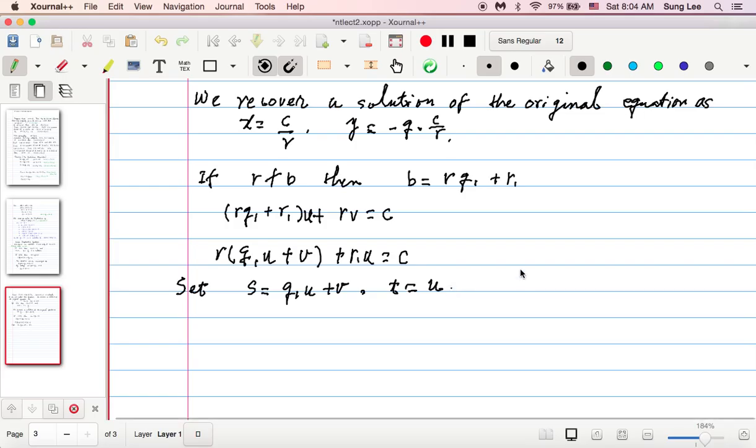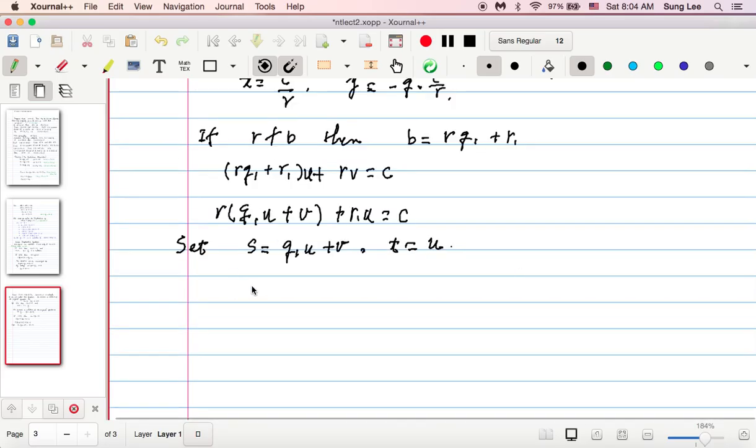Then we get a new equation in terms of the new variables: r s plus r1 t equals c.